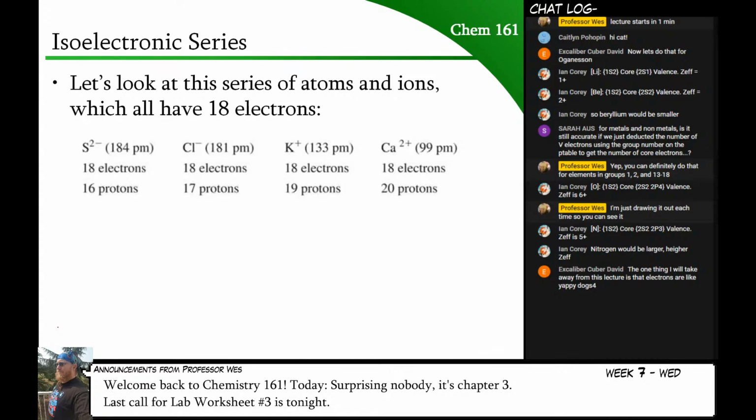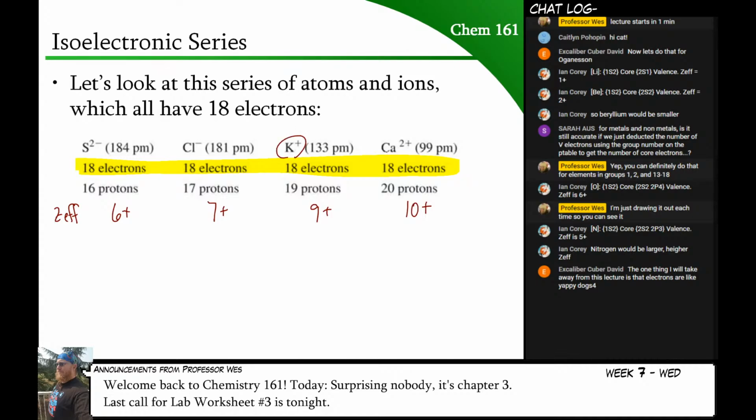This right here is just the series of atoms, what is called the isoelectronic series. The isoelectronic series is just any group of atoms that have all the same number of electrons. That's why they're isoelectronic. If we were to calculate Z effective for these in the isoelectronic series, and I'll leave this exercise to you if you want to calculate these, these are the Z effectives that we calculate.